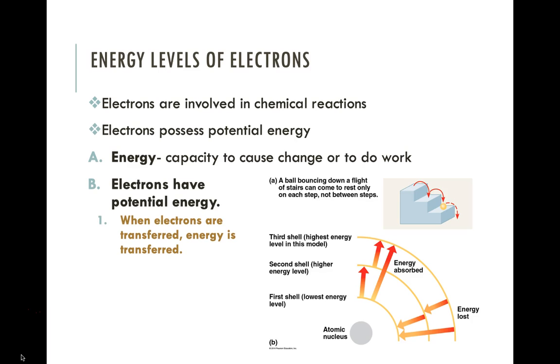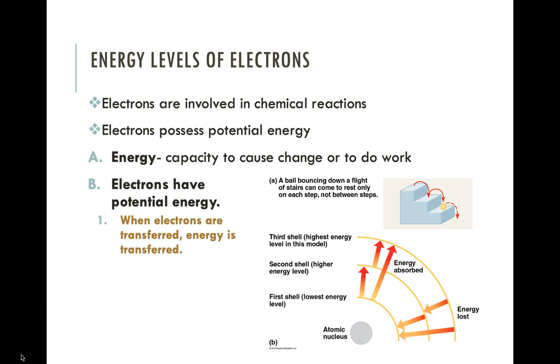But if you've taken any sort of physics or just general science, you know that if something has energy, it can do something with that energy. It can do work. So electrons have potential energy. This means that they have energy that can be used for something. And that's part of the reason that they're so important in chemical reactions.